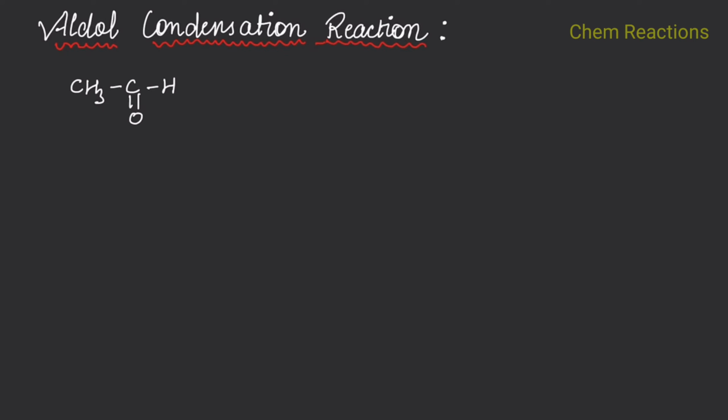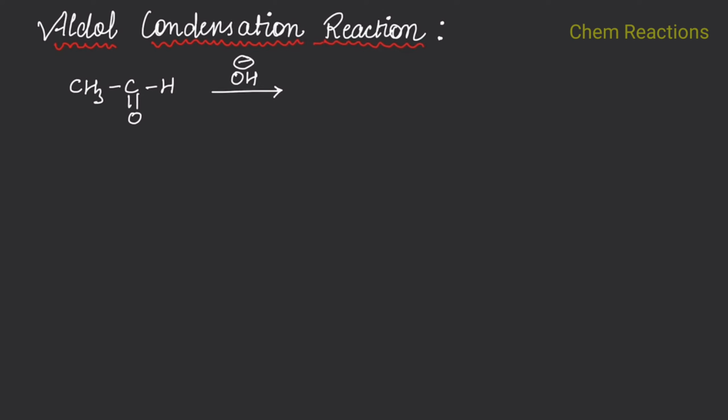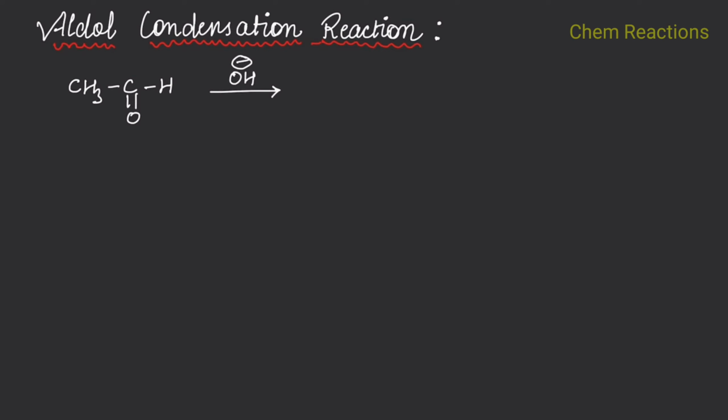This acetaldehyde, if it reacts with any base, like sodium hydroxide, potassium hydroxide, barium hydroxide, calcium hydroxide and so on, gives a beta-hydroxy butyraldehyde, that is known as an aldol product.